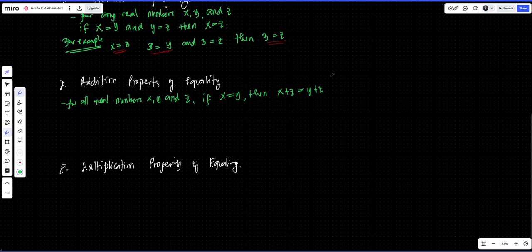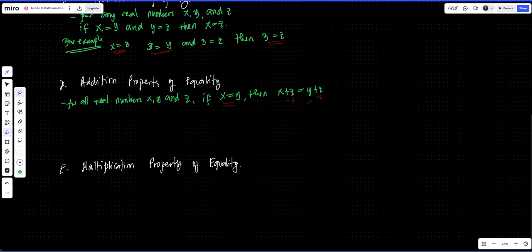Ano ibig sabihin nito? How to prove that x is equal to y if we have the equation which is x plus z is equal to y plus z. Ang ibig sabihin yan, we can have this one. So, para ma-prove natin that x is equal to y, we have to subtract z here.